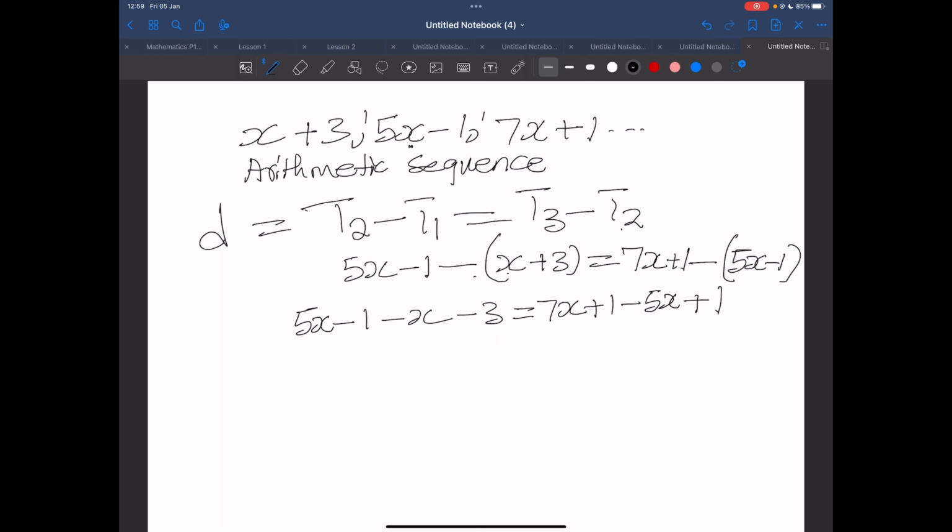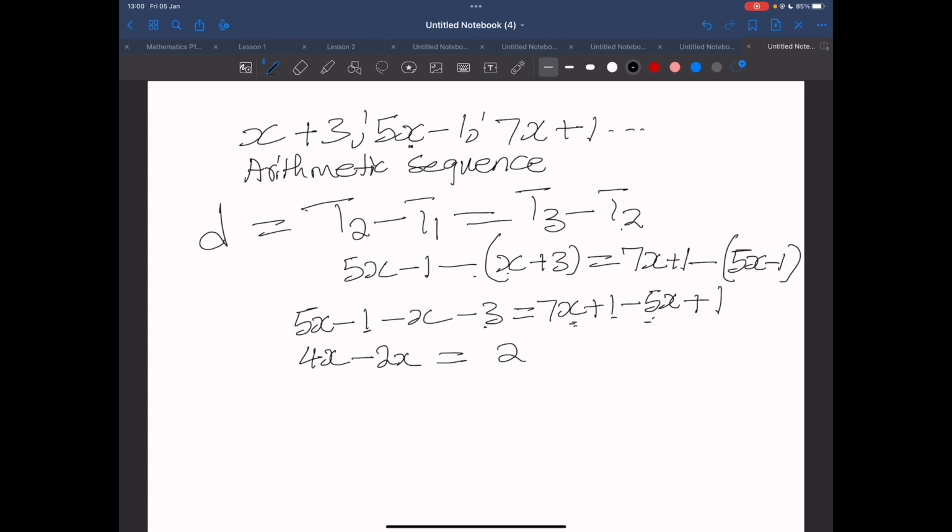So we can take like terms together and solve for x. 5x minus x is 4x, and here 7x minus 5x is 2x. Bringing the 2x to this side, it will be minus 2x, equals, on this side, 1 plus 1, which is 2, and here we have minus 1 minus 3, which is minus 4.